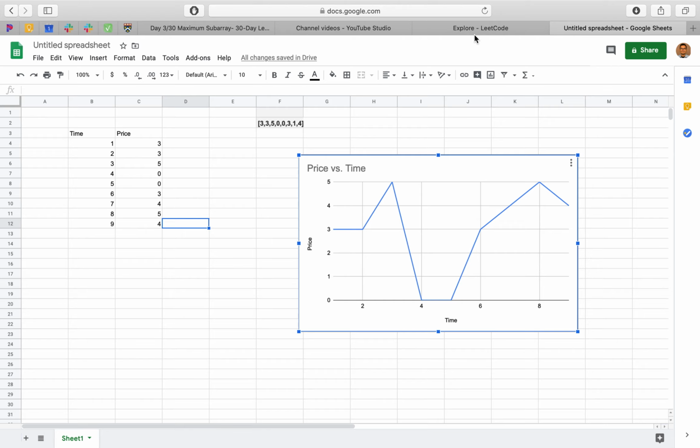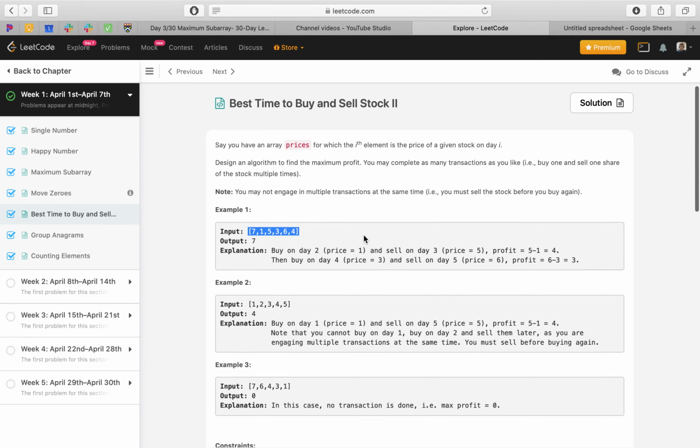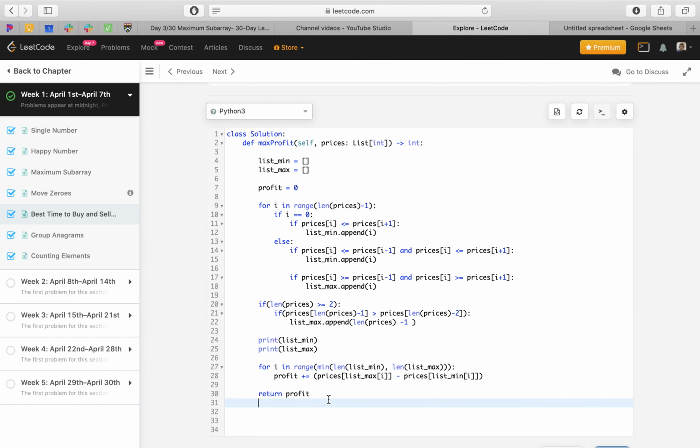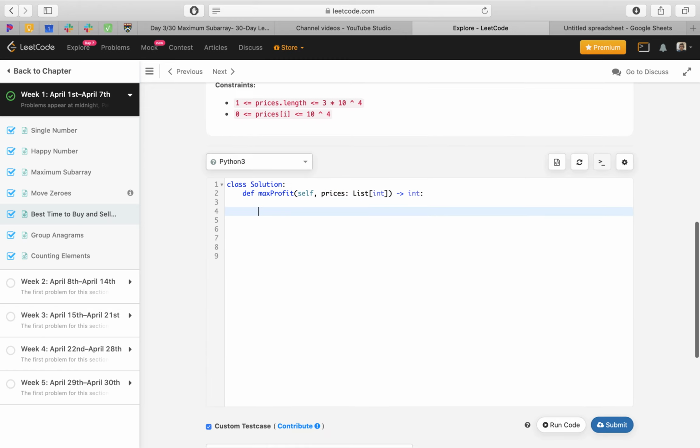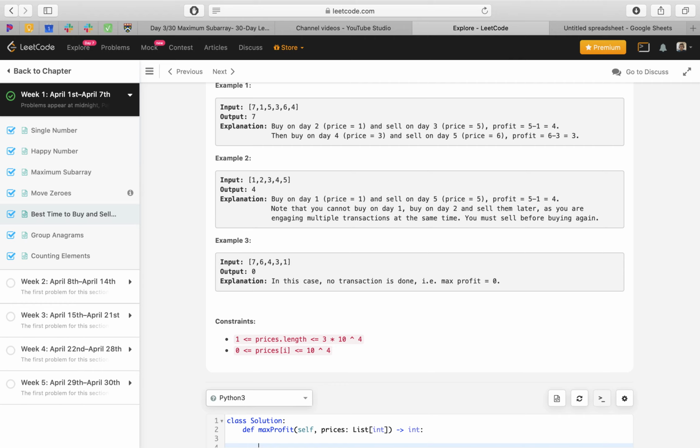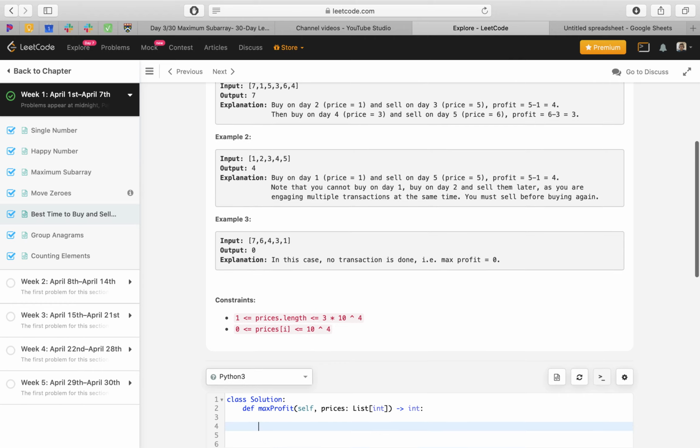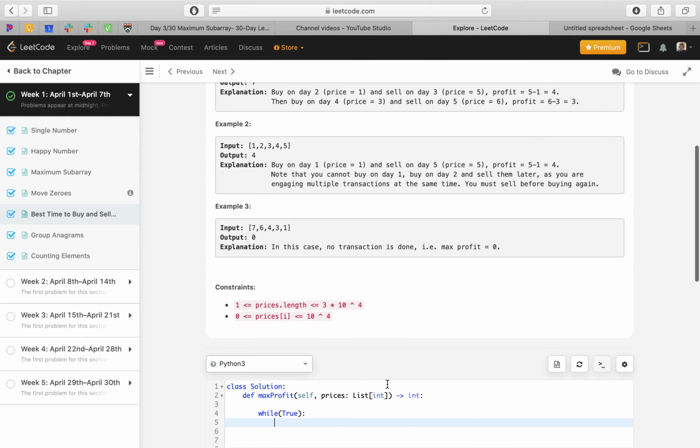Alright, so let's go and try to code it. So I said earlier, the goal is to find the local min first and then find the local max. So what we can do is have a while loop, and what does it do? Basically it will find the local min.